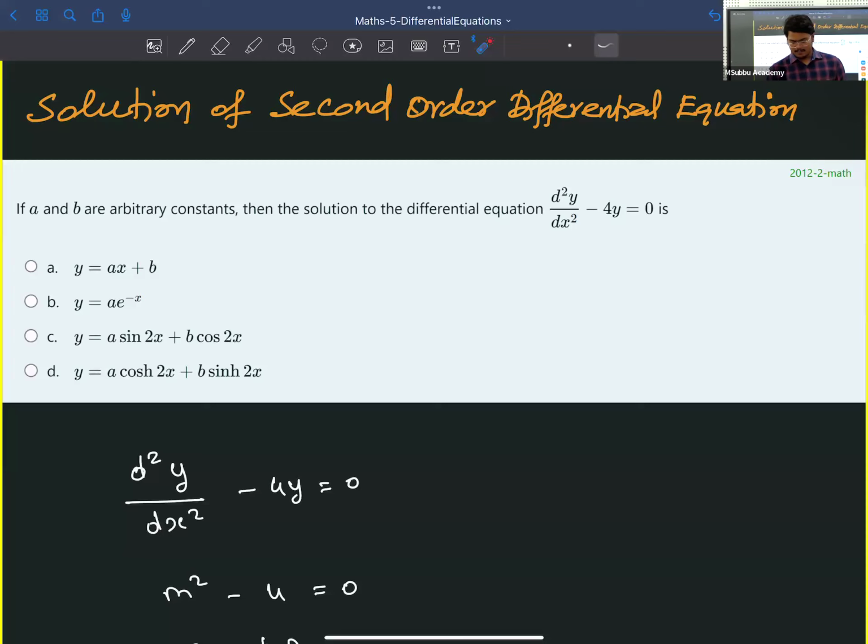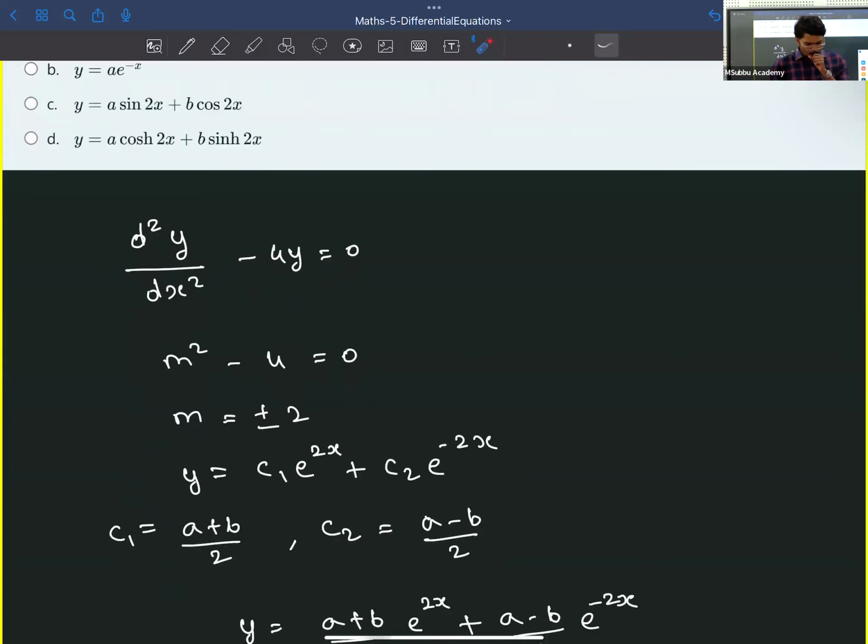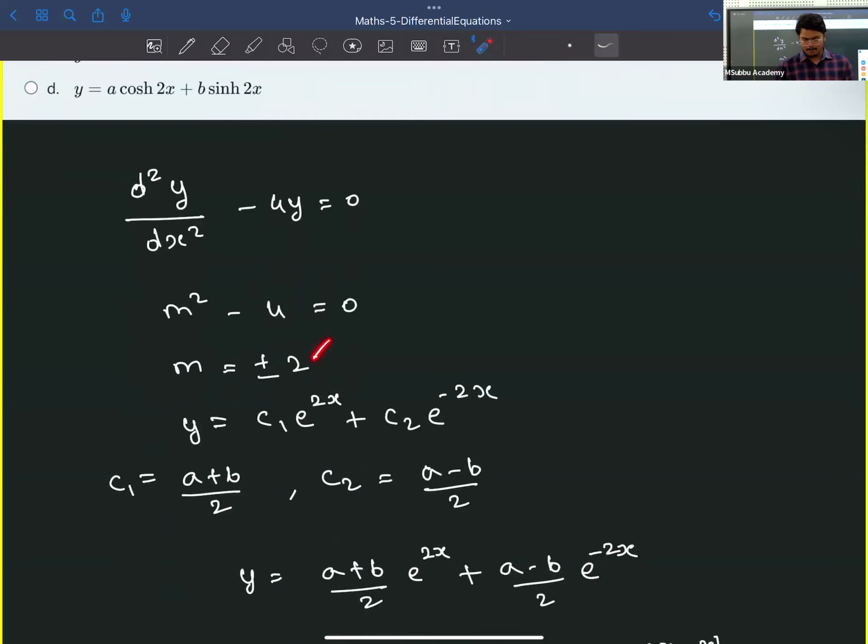So what they have given us, the differential equation is d square y by dx square minus 4y is equal to 0. A and B are arbitrary constants to this equation. So same thing, we take dy by dx as m. So m square minus 4, which gives roots plus or minus 2.